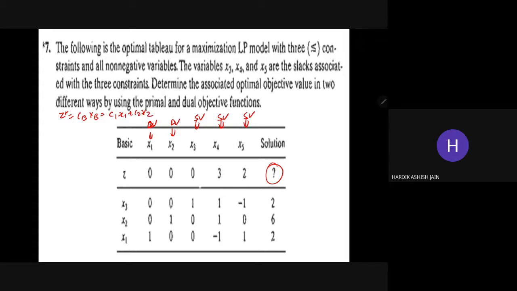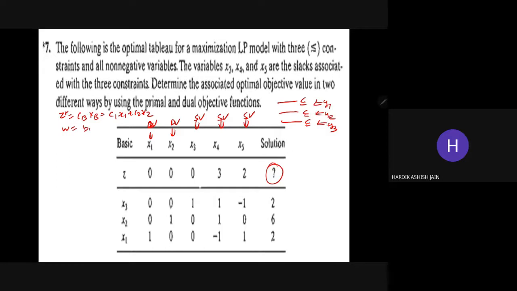If we have the 3 constraints, all of less than type, we associate the dual variables y1, y2, y3. So for W, what is the formula?